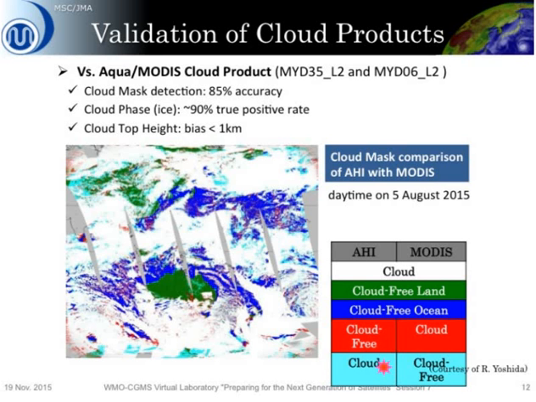Assuming MODIS product as truth, the accuracy is 85%. In the same way, it is found that cloud phase has about 90% true positive rate, and the bias of cloud top height is less than 1 kilometer.